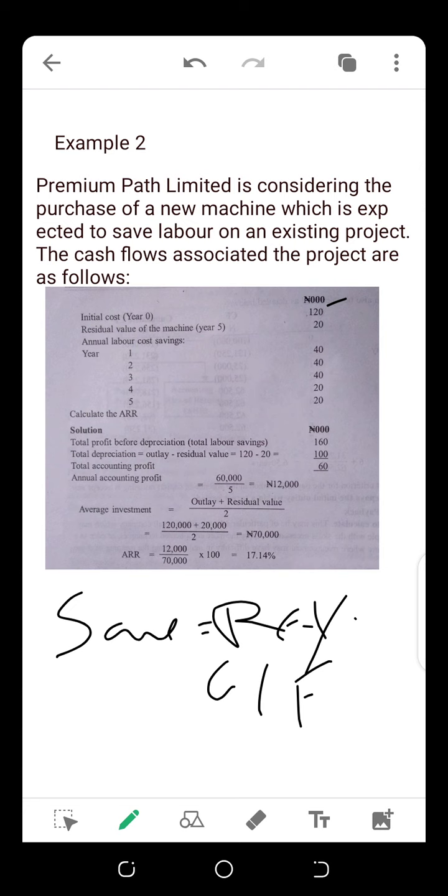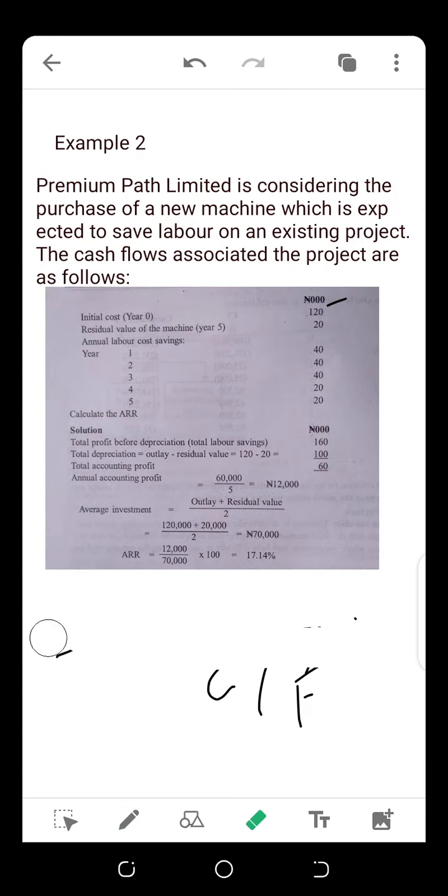You save 40, right? Okay. So let's calculate the accounting rate of return. Here we shall be basing it on average only.